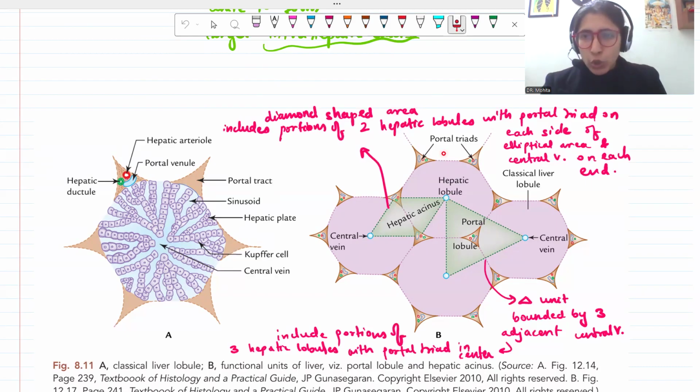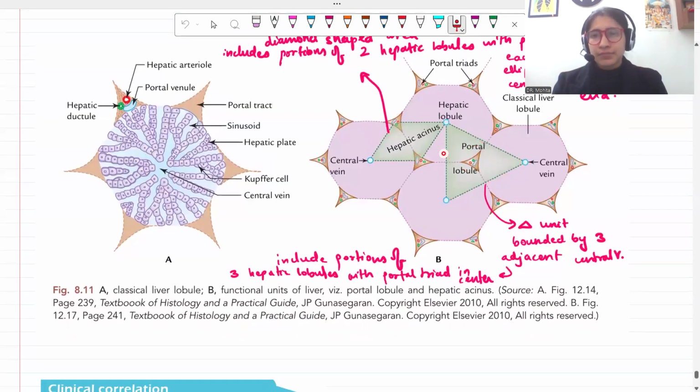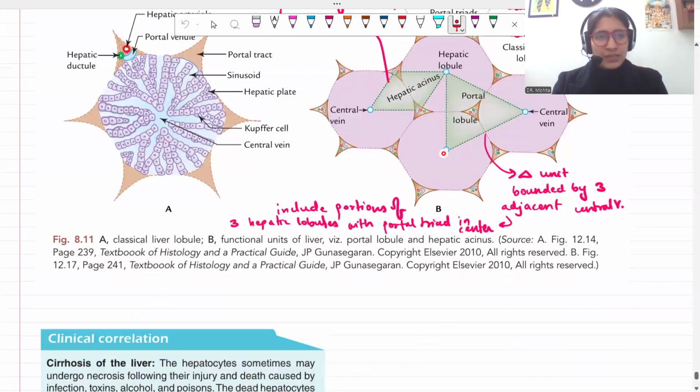Then we have the portal lobule, which is a triangular area including parts of three hepatic lobules connecting three central veins. And in the center, you have the portal triad. And that's it.